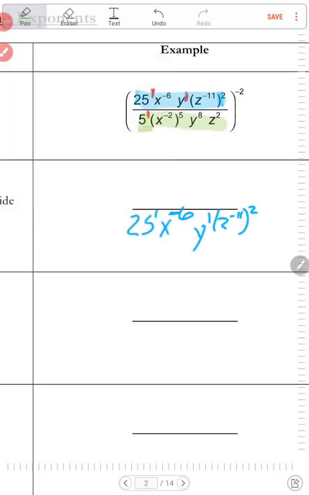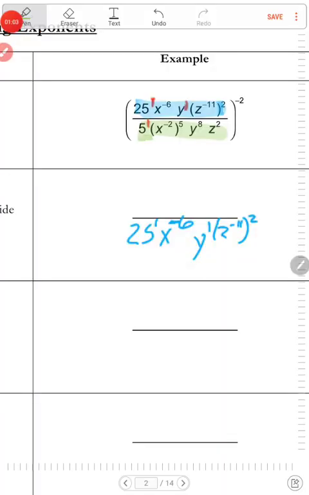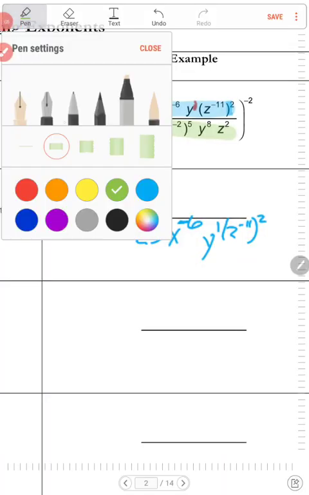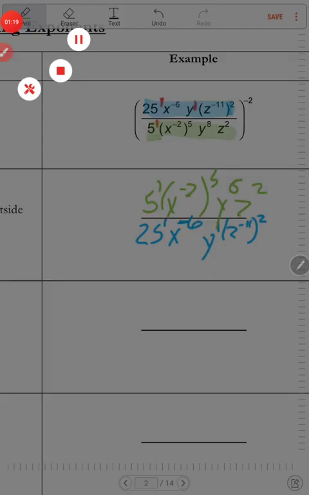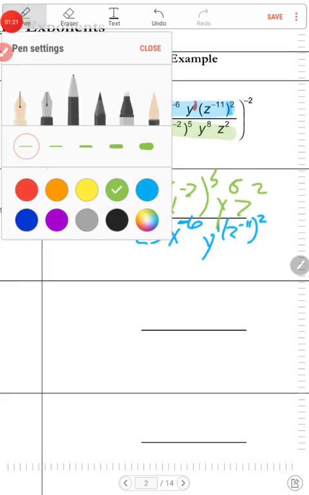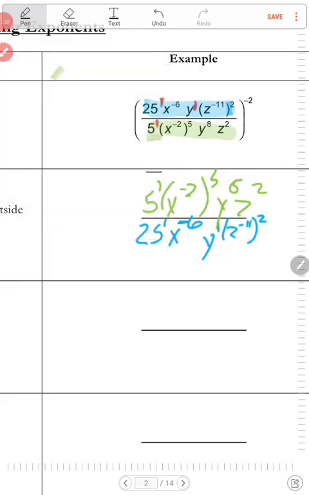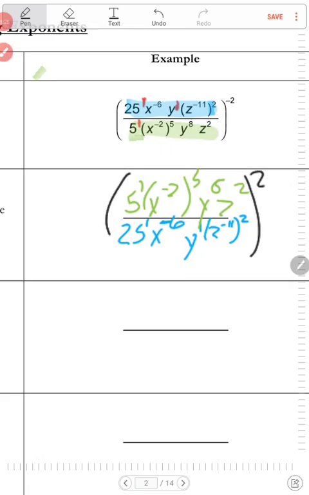Next up, I'm going to do this one, and that one is going to end up moving into the numerator. I'll finish writing this out. And this has now become a positive 2 outside.